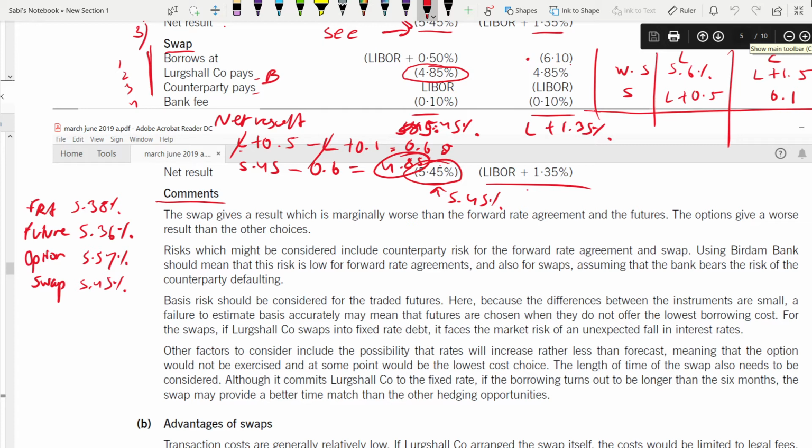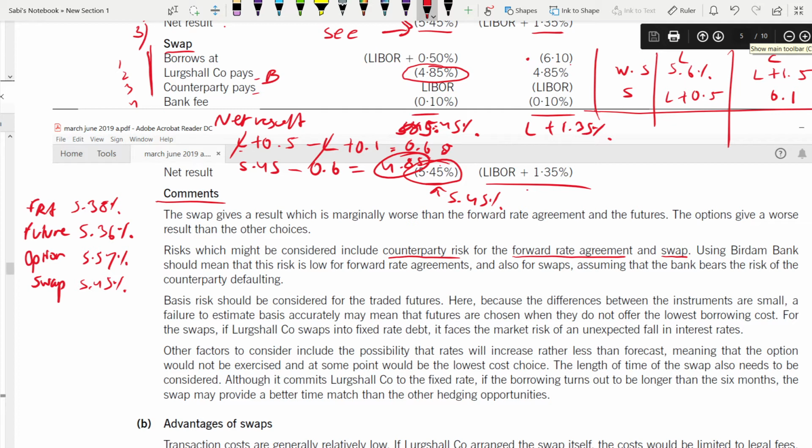Risk which might be considered include counterparty risk for the forward rate agreement. So they are talking about counterparty risk for forward rate agreement and swap. They are saying this too has a counterparty risk, swap and forward rate agreement. The counterparty can default on their payment.